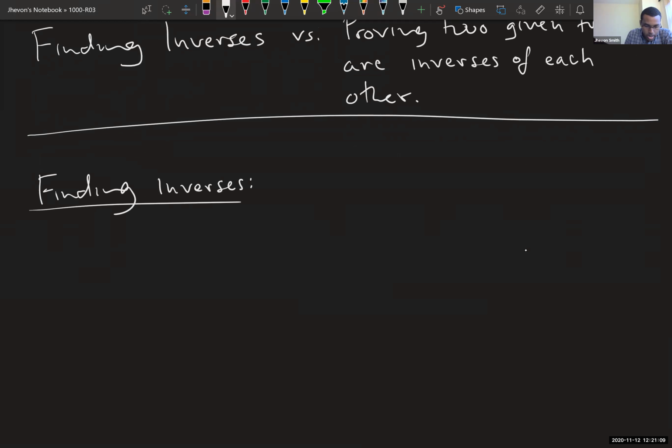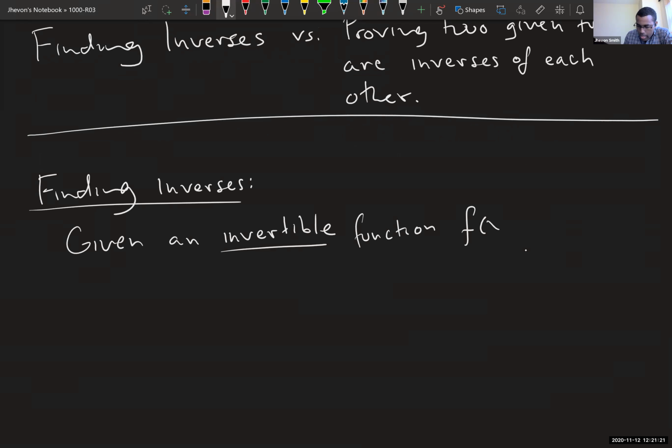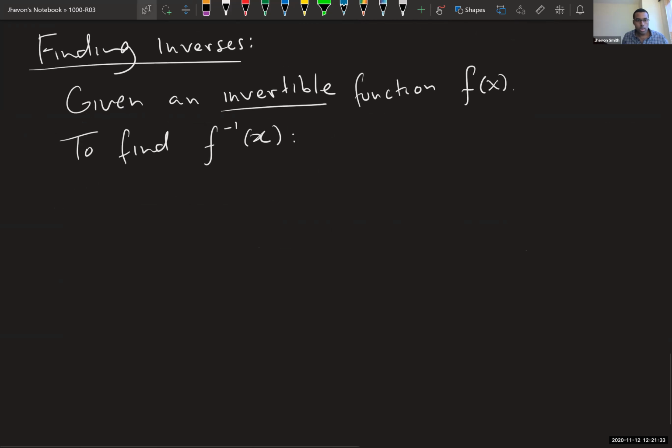So if you're given an invertible function f of x, to find f inverse of x, the process is the following.